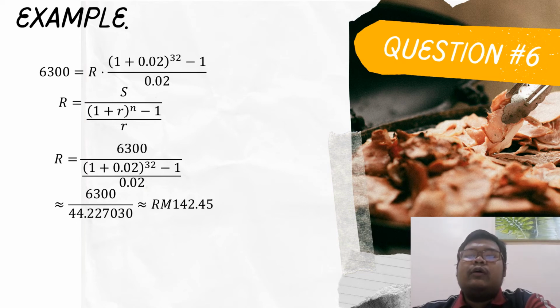So we put the information into the formula. R equals 6,300 over [(1 plus 0.02) to the power of 32 minus 1 over 0.02], and we will get the answer 142 ringgit 45 cents.